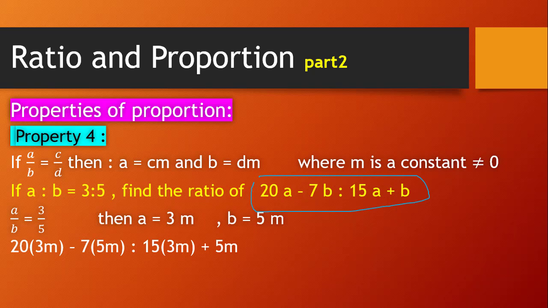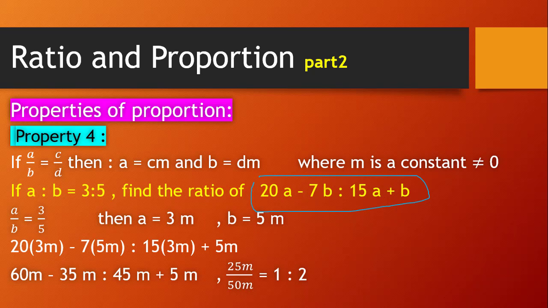Here I have 20 times 3, 60, so I have 60m minus 35m to 45m, 15 times 3, 45m plus 5m.